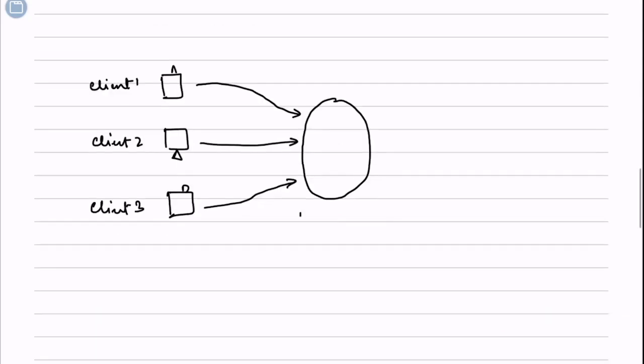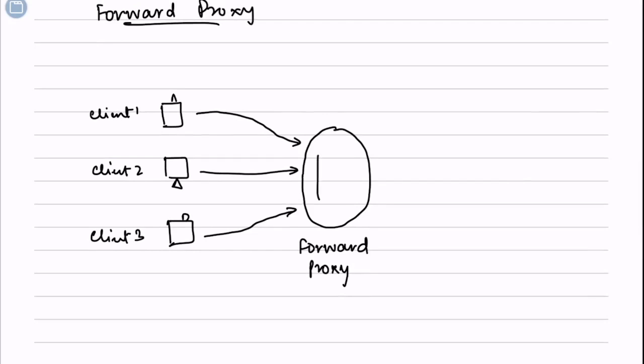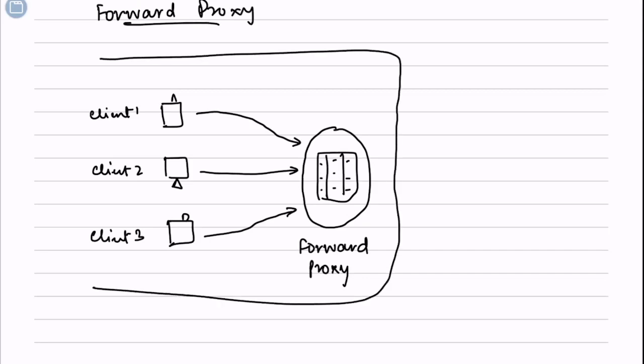Before the clients interact with the internet, they send the request to the forward proxy, which is basically in between the clients and the internet.